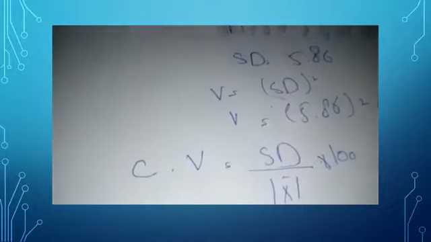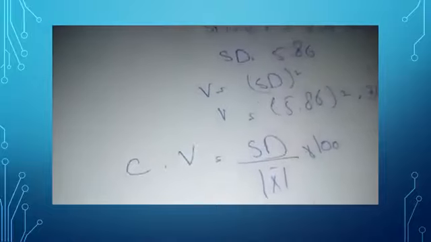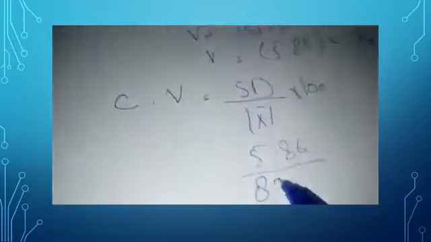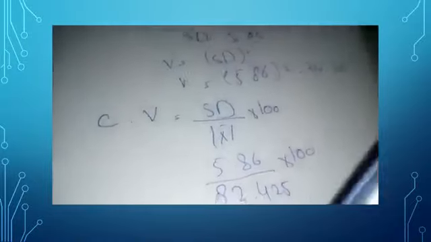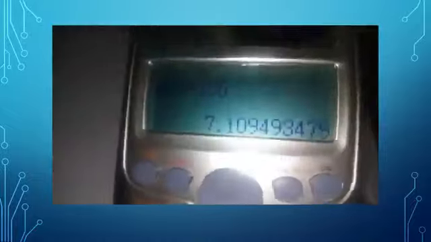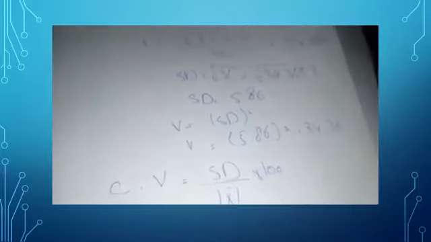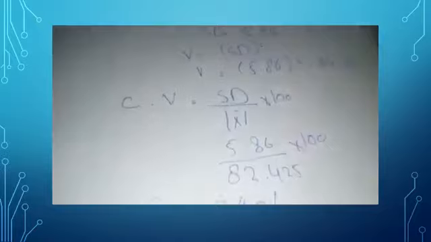Standard deviation is 5.86, and the mean of this question is 82.425, multiplied by 100. 5.86 divided by 82.425 multiplied by 100, and the answer is 7.10. This is the answer.